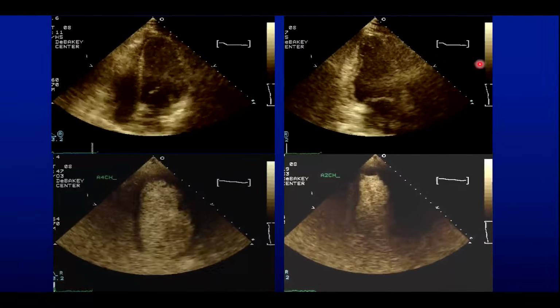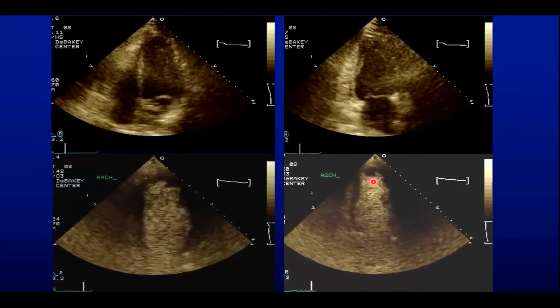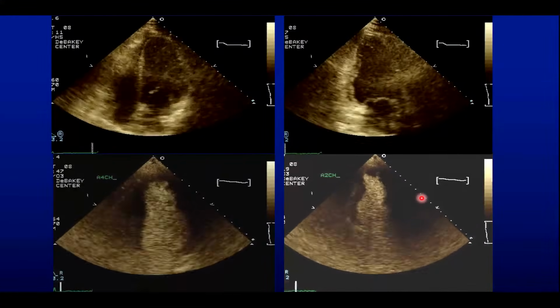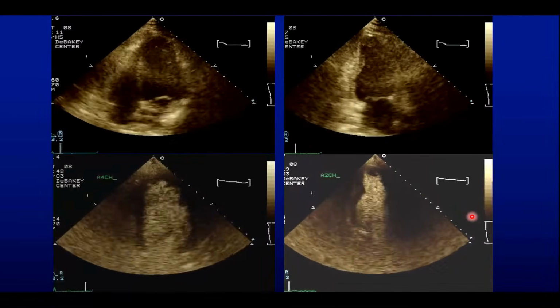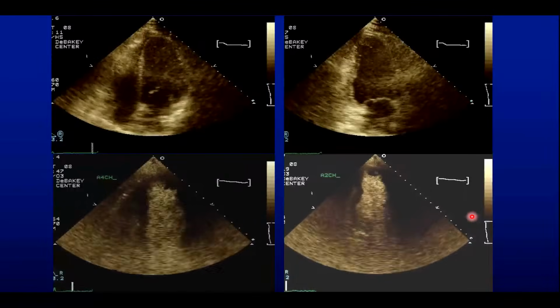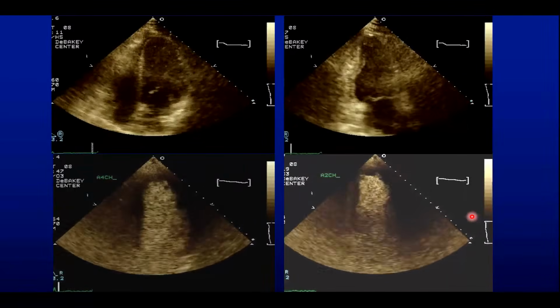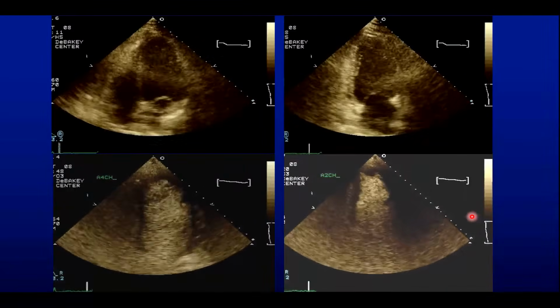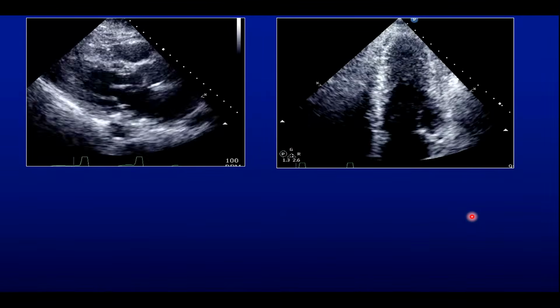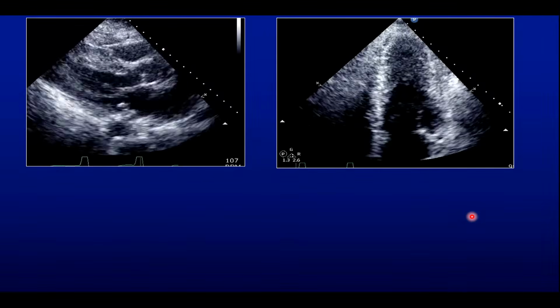There is an abnormality in the apex, and on top of that, there's a thrombus in the apex. Interesting, isn't it? So the message is, I'd like to know as much as I can, and the others I extrapolate. At times I'll be all right, but there are situations where it will change significantly what the situation is. How about this case?